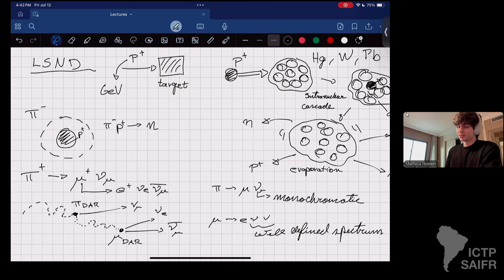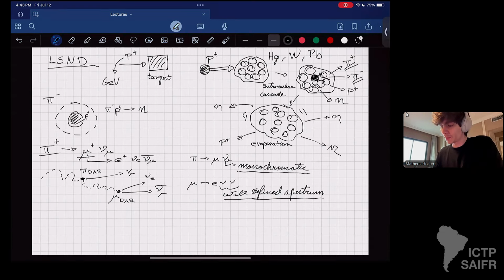So all you need to know is how many pions are produced and how many muons come from those. And you have everything taken care of by just knowing that this is monochromatic and this is well known. We know how to calculate muon decays.